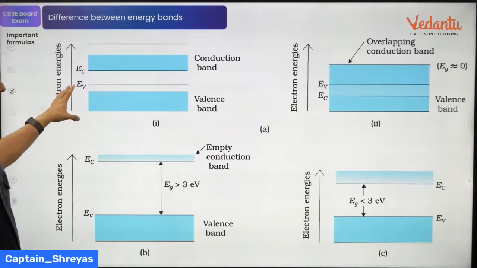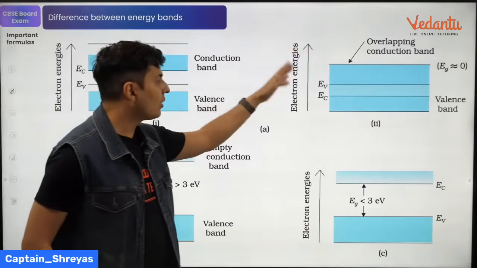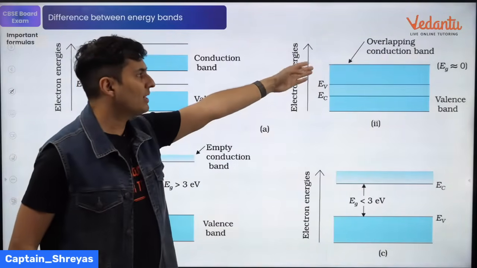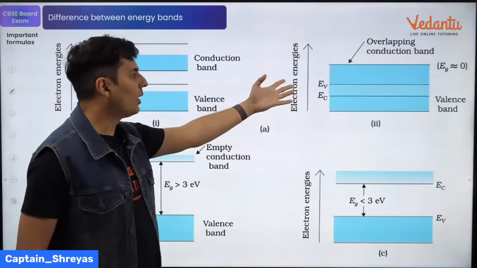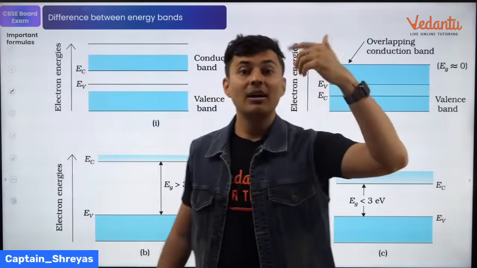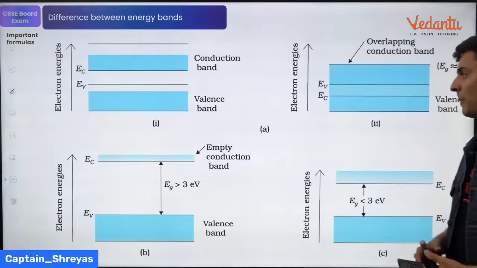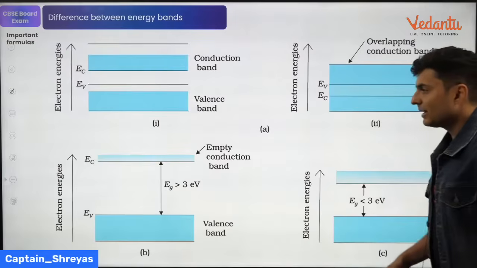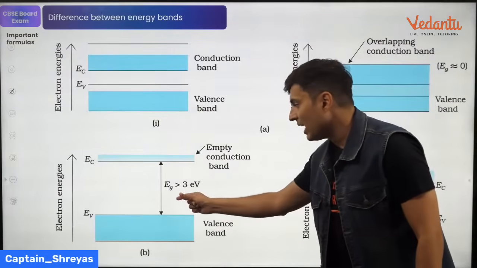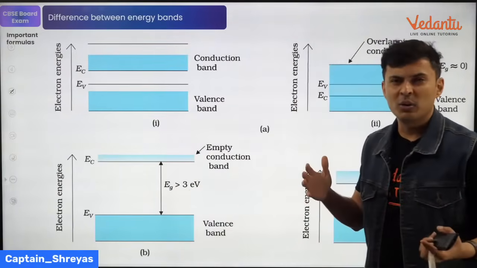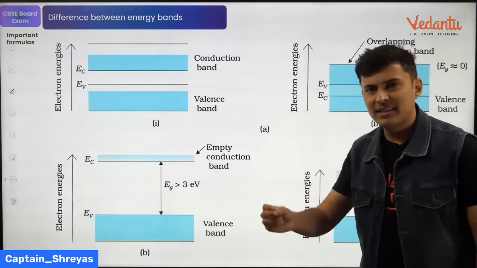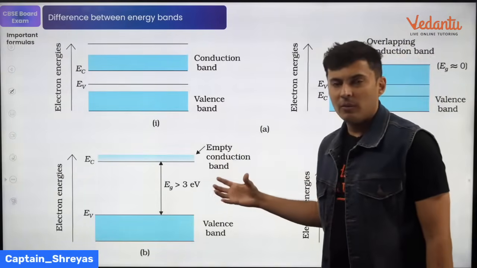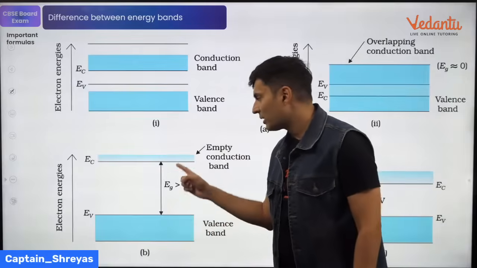If you notice over here, if the bands are overlapping, if the conduction band overlaps with the valence band, then what will it be, guys? It will be a conductor. It will be like a metal. If you see that the band gap is much larger than 3 electron volt, very large, it is going to be very difficult to shift these electrons here.